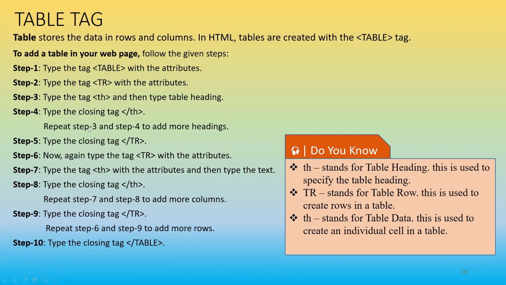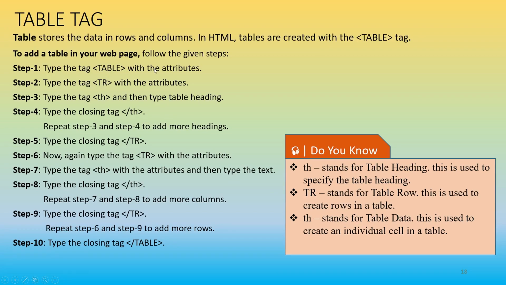Repeat step 3, type the tag th and then the table heading, and step 4. These two are repeated more times if I wish to have more than one column. These are all table headings.